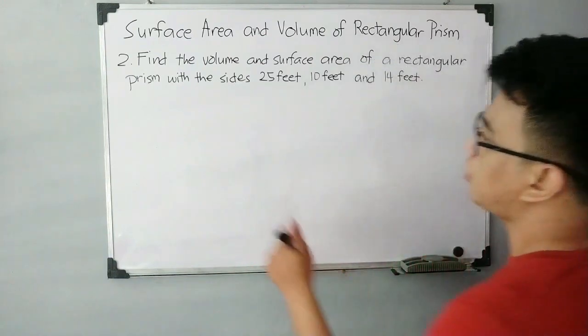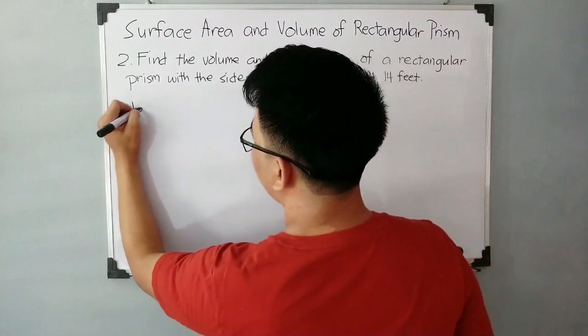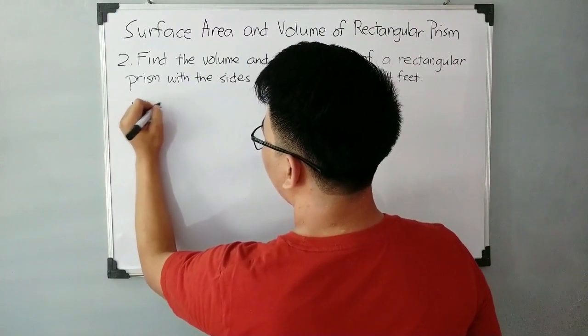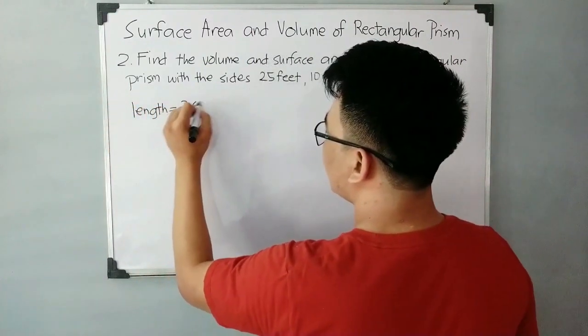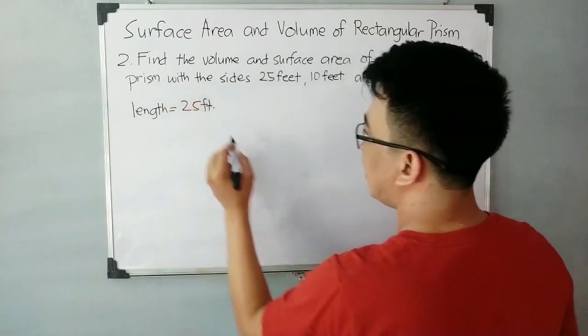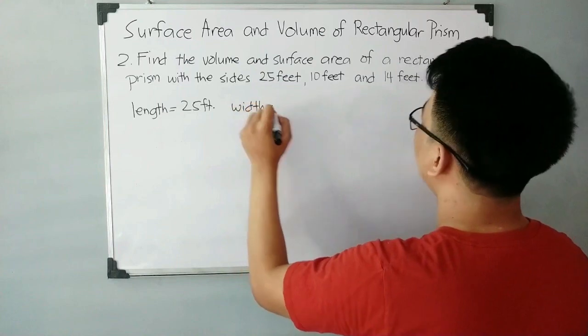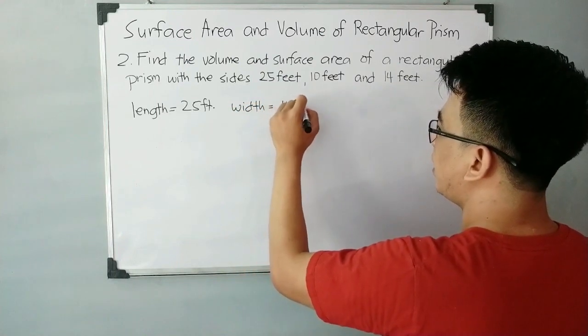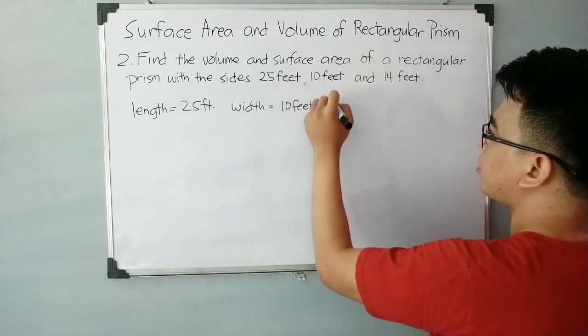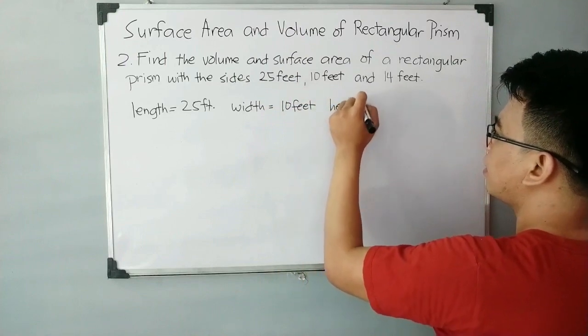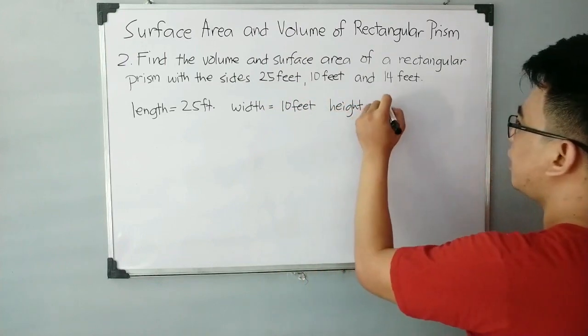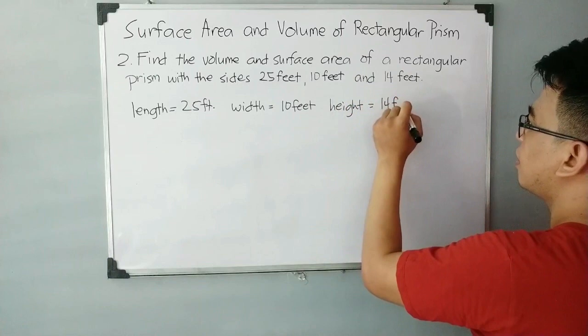So let's say for example, your length is equal to 25 feet. Okay? Tapos, your width is equal to 10 feet. Pwede yan. And then, your height is equal to 14 feet.